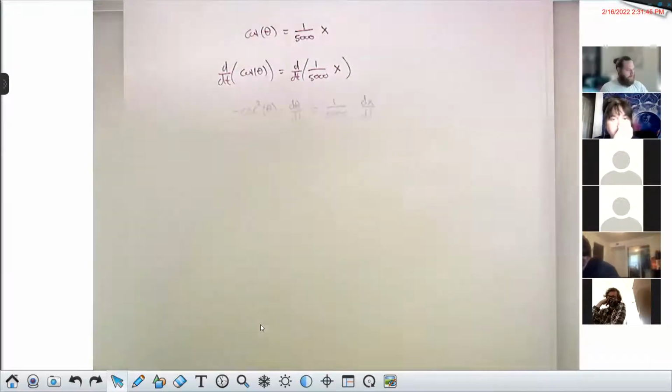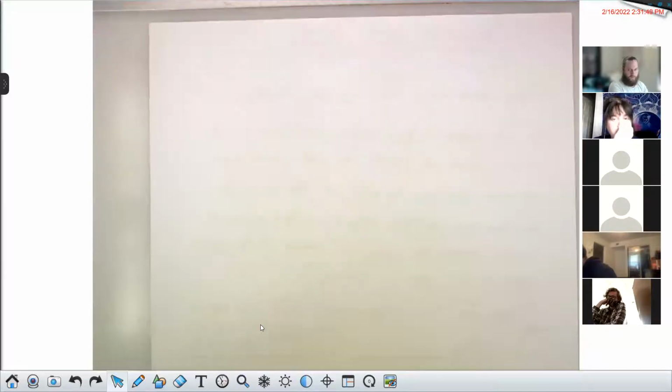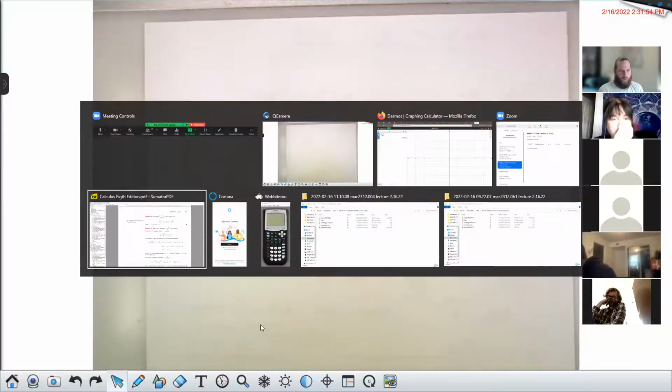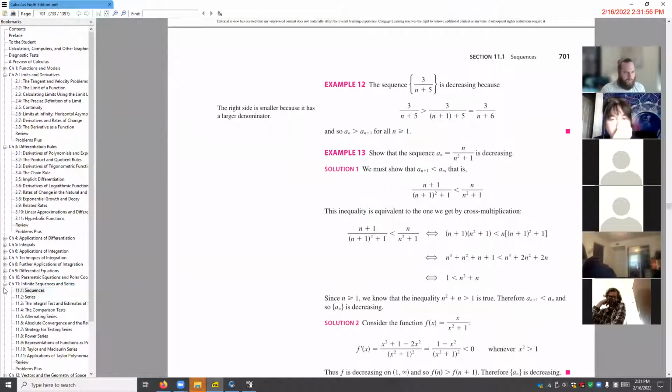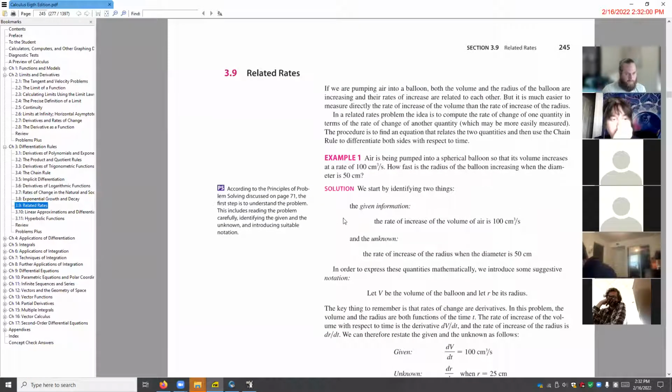The other problem I wanted to look at, and there's something similar to this in your homework, although not exactly this. I'm going to pull it up in the textbook because these can get quite hairy if you just make up the bits.